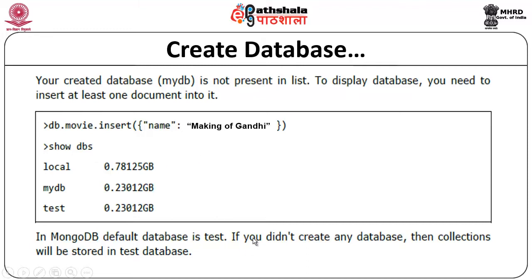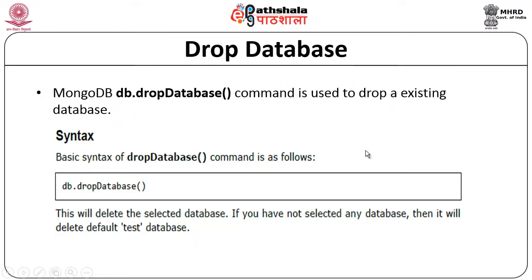MongoDB by default uses the test database. So, if you are not specifying the database into which you are inserting, by default it will be inserted into the test database. Having created a database, next we can also drop a database. For dropping a database, you make use of the drop database command. The general syntax is db.dropDatabase.